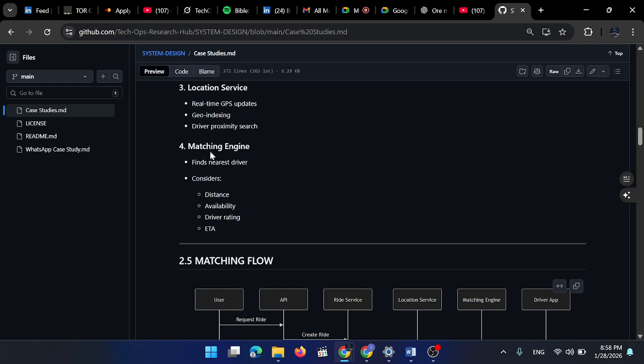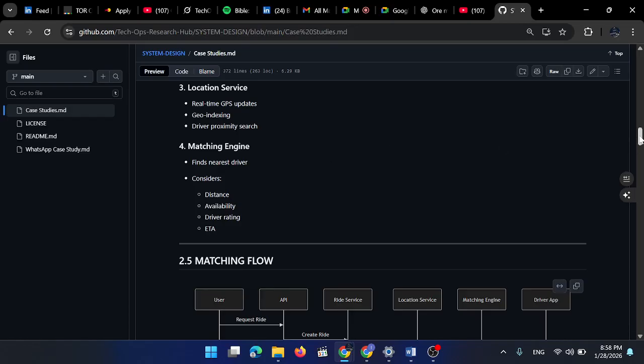So this matching engine will consider a few things like distance, availability, the driver rating, and ETA. ETA basically means estimated time of arrival. So the matching engine here is very effective in ensuring that you can find the nearest driver around you, and to consider the distance between you and the driver, the actual availability of the driver, the actual driver rating, and the ETA.